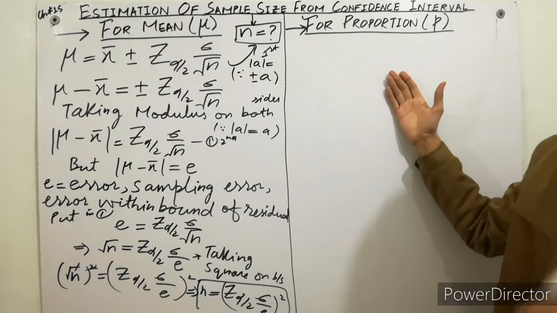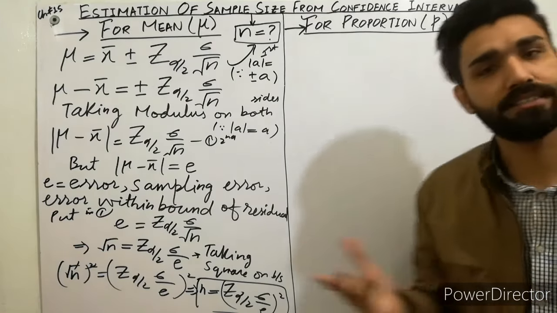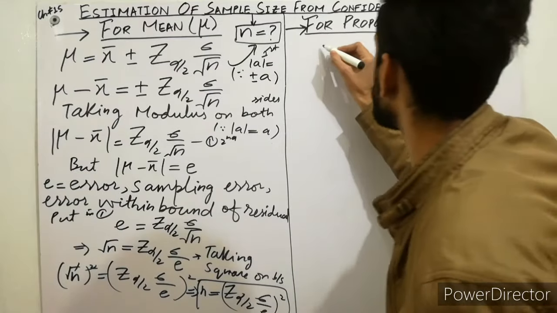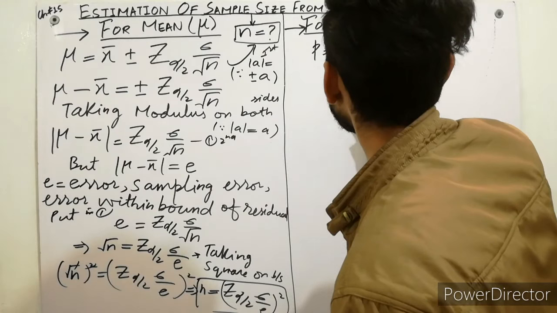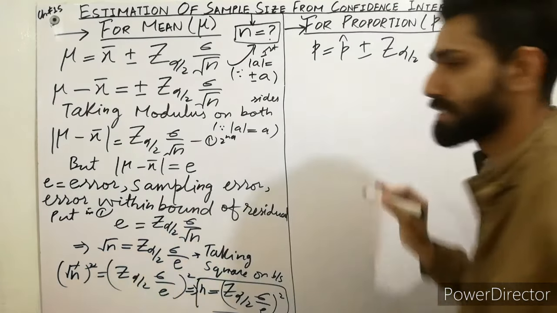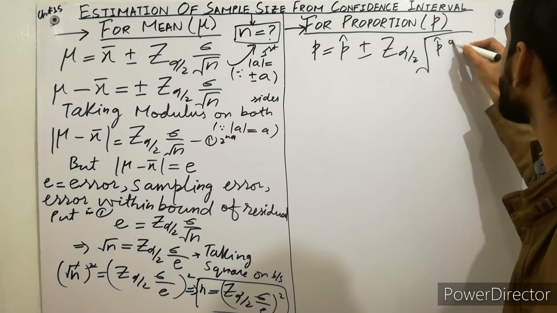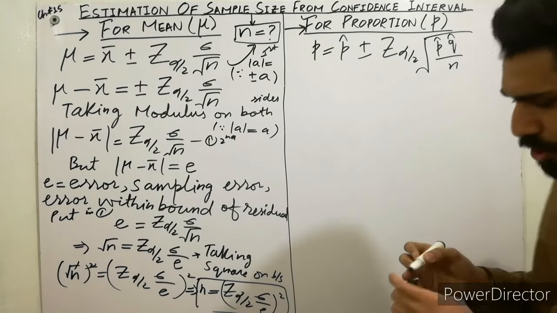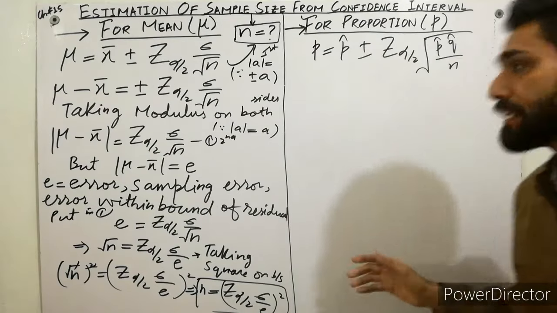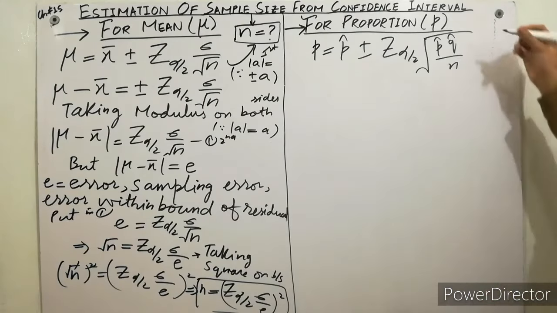Now the last important topic is proportion. You already know that the formula for the confidence interval for proportion is P equal to P hat plus minus Z alpha by 2 square root of P hat Q hat divided by n.